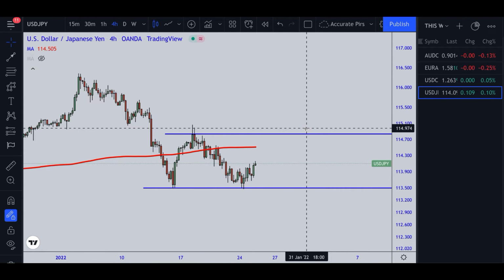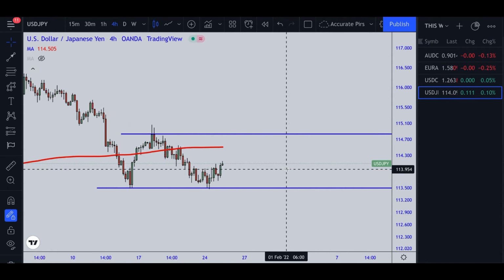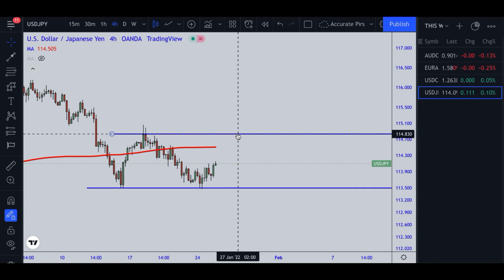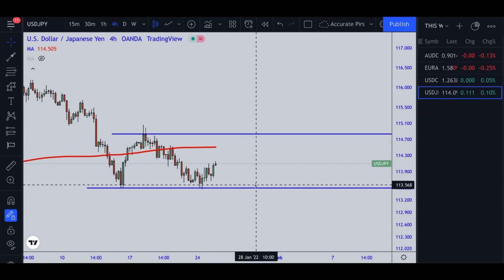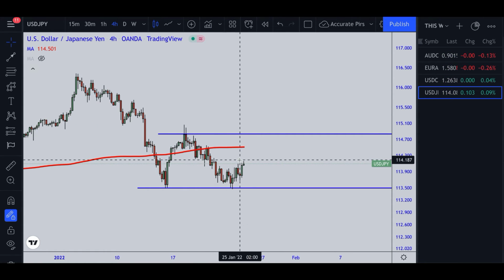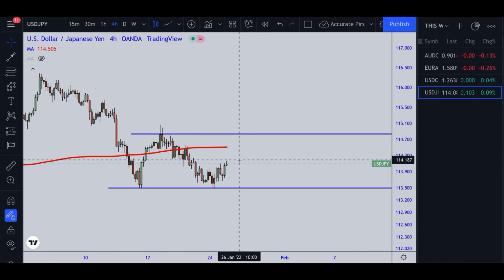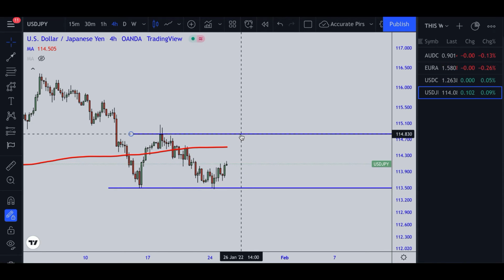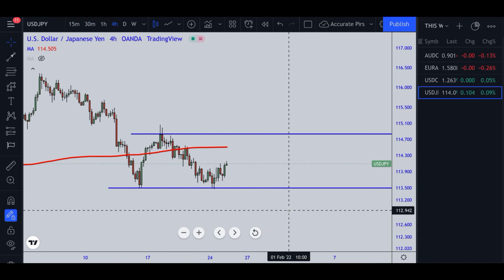What I'm looking for now for USDJPY is either to come up to this resistance level right here, or come back down to the support level and break it. But all in all, I'm hoping USDJPY comes up to this resistance level, sees if it holds, and then has a reversal pattern and comes back down towards the downside.